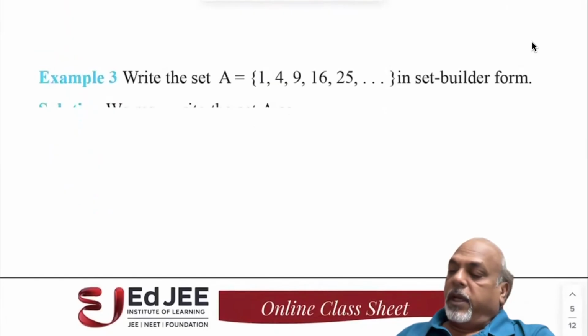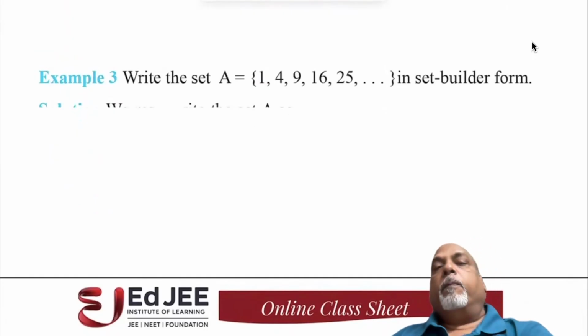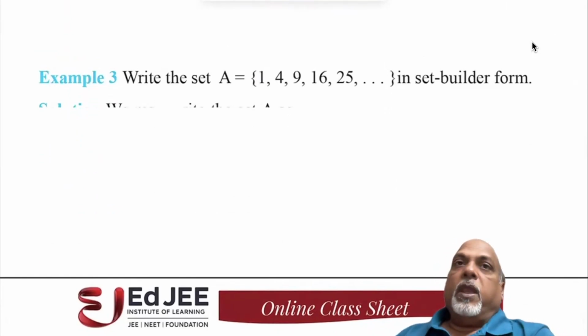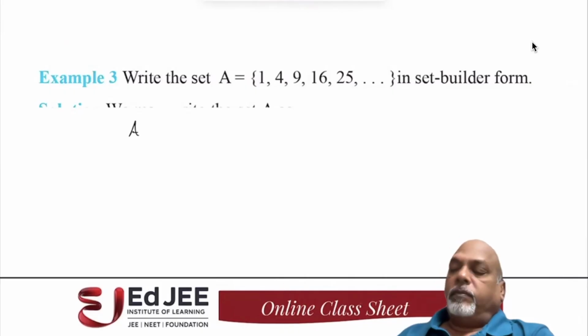Write the set A in the set builder form. So you have to see the properties of the elements, then only you can write it. Here the dot dot dot means it is going to infinity.